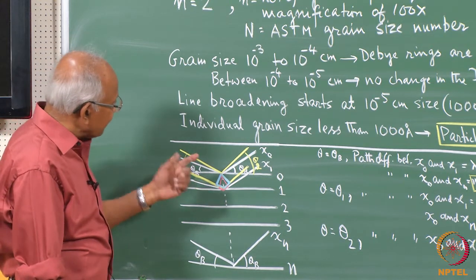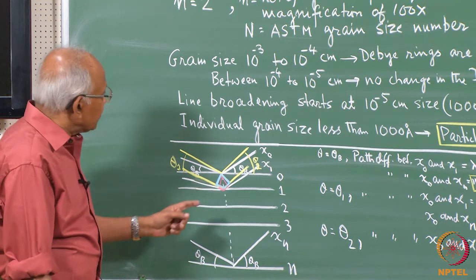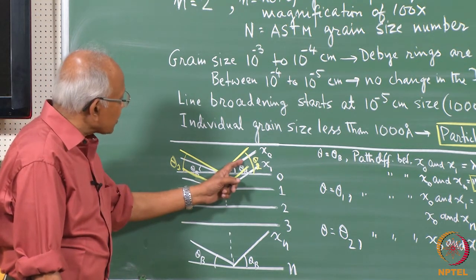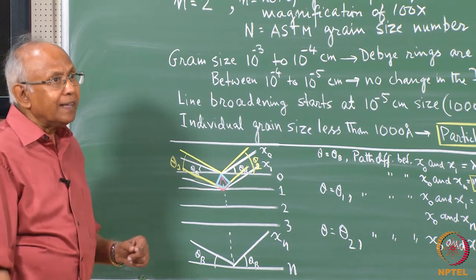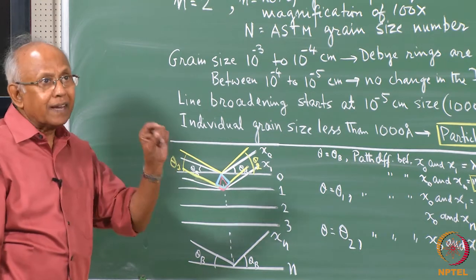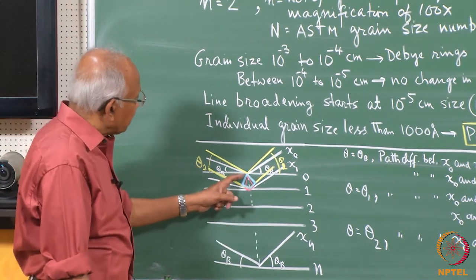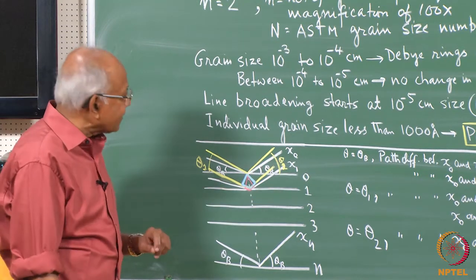But if by some chance they are not completely out of phase, even then there will be some diffracted intensity. Its intensity will be much less as compared to when Bragg's law is perfectly satisfied.